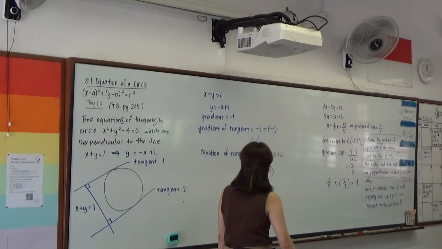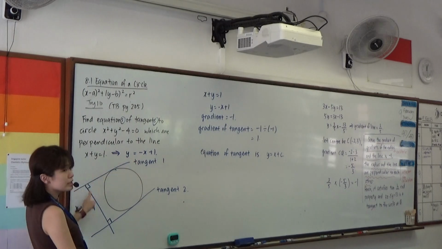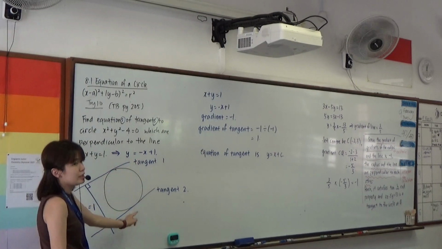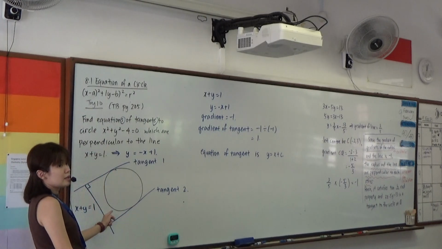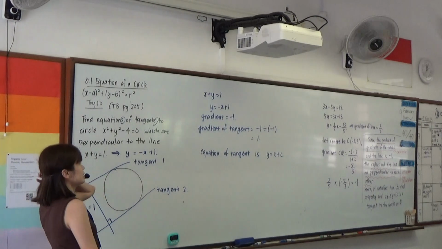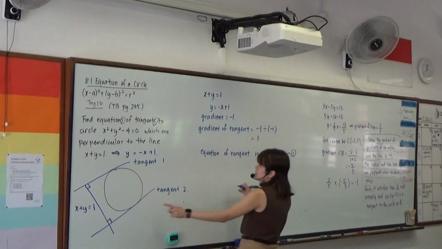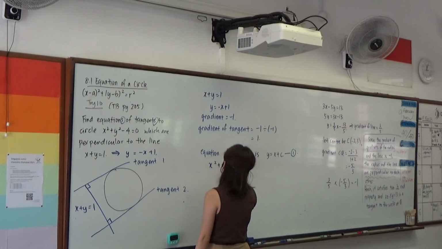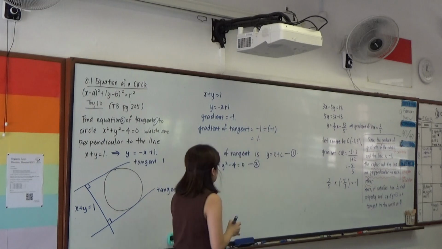With the equation of the tangent, we know that our tangent will pass through the circle, right? That means it is intersecting the circle. With any form of intersection, we do simultaneous equation solving. So this being equation 1, the next equation will be the equation of the circle, equation 2.